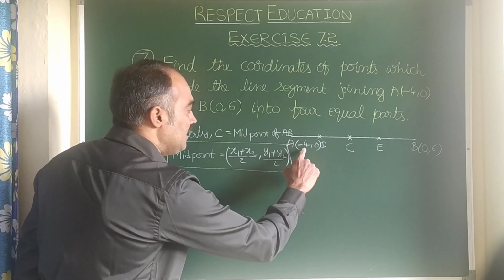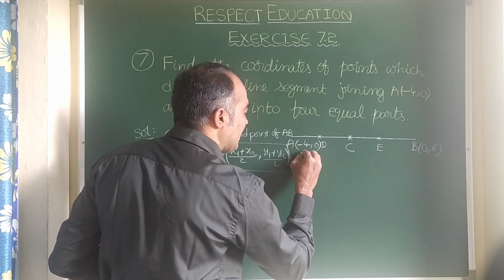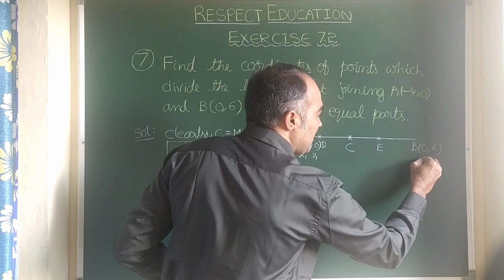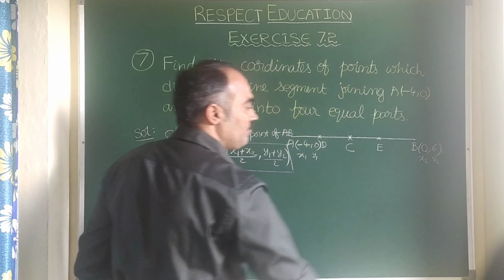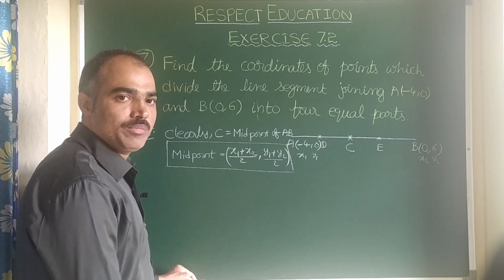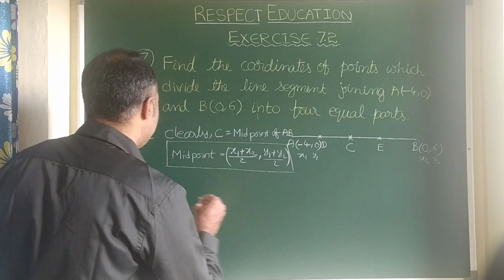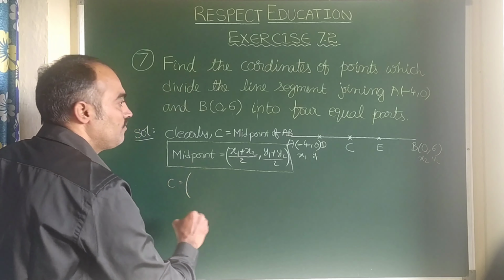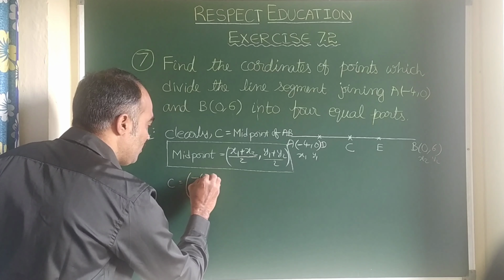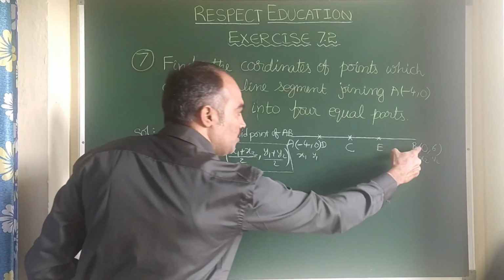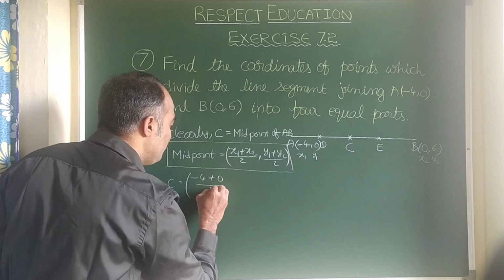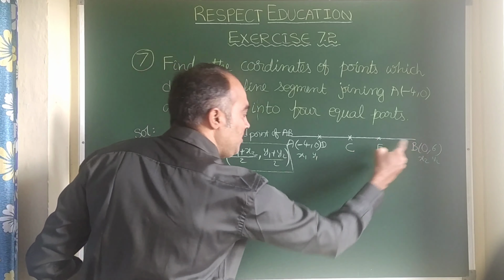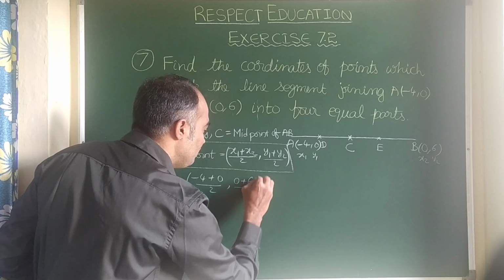Now here -4, 0 can be taken as x1, y1, and 0, 6 can be taken as x2, y2. So let us apply the midpoint formula. C is equal to ((-4 plus 0) by 2, (0 plus 6) by 2).